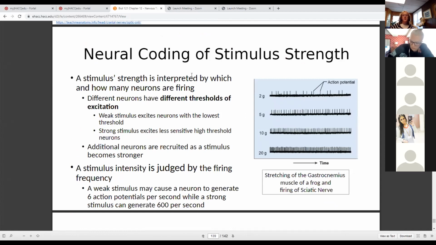So a stimulus strength is interpreted by which and how many neurons are firing. Different neurons have different thresholds of excitation. A weak stimulus will excite neurons with the lowest thresholds. A stronger stimulus will excite less sensitive, high threshold neurons. As the stimulus becomes stronger, additional neurons will be recruited that have a higher threshold.